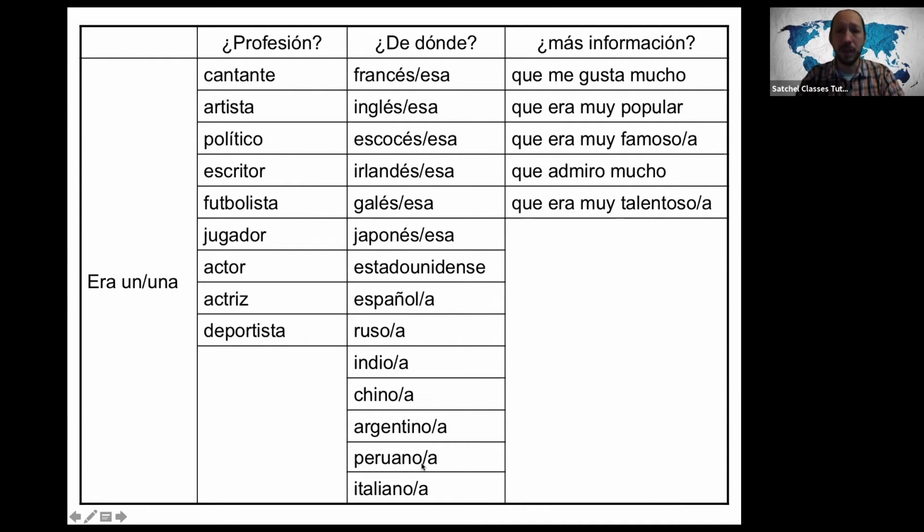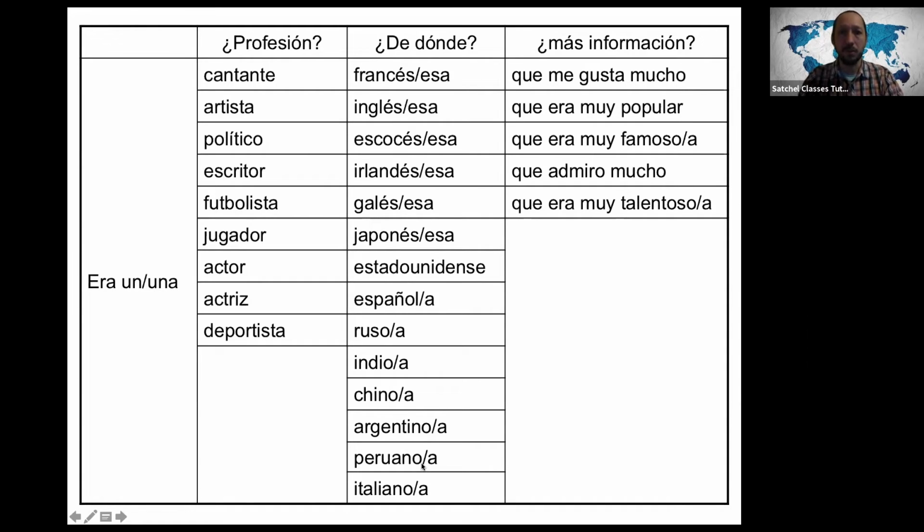For instance, que me gusta mucho, que era muy popular, que era muy famoso, que admiro mucho, que era muy talentoso, talentosa. So I encourage you to write them down or take a picture with your phone or come back to the video and try and work out what those sentences mean, because they complete your sentences in Spanish and they make your sentences a lot better.